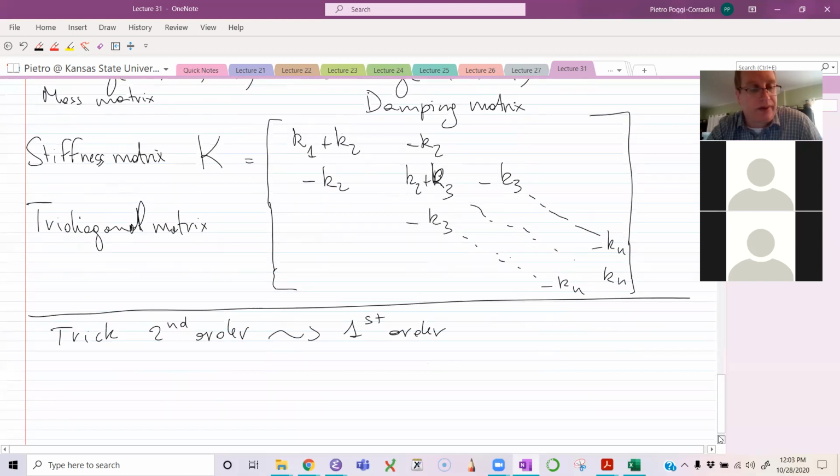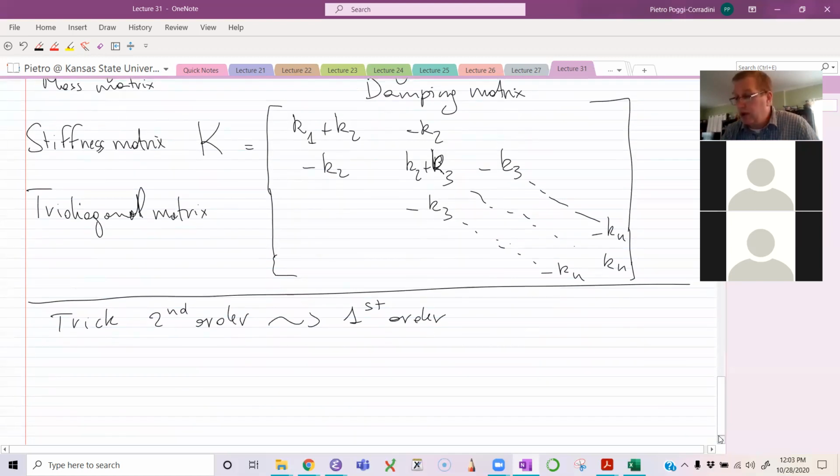You go to phase space. So you define a new variable, y, that has both the position and the velocity. It keeps track of both. In physics it is position and momentum, right?